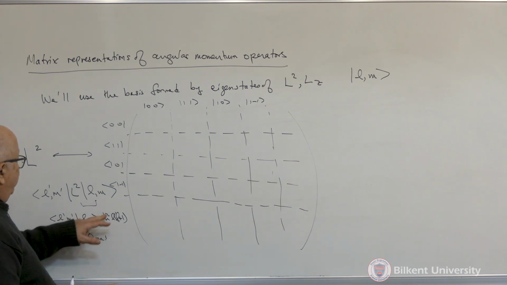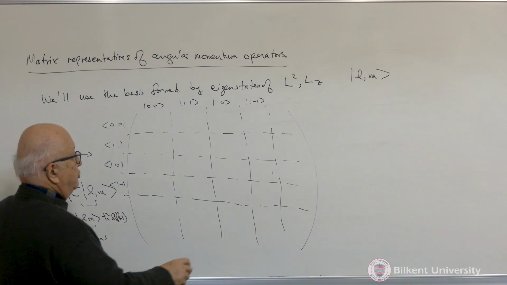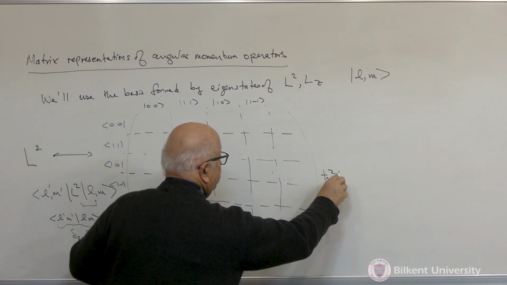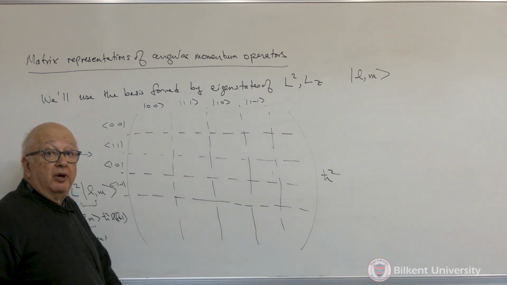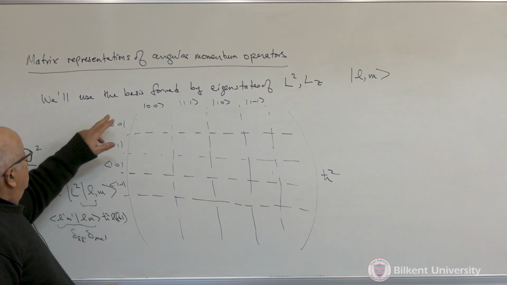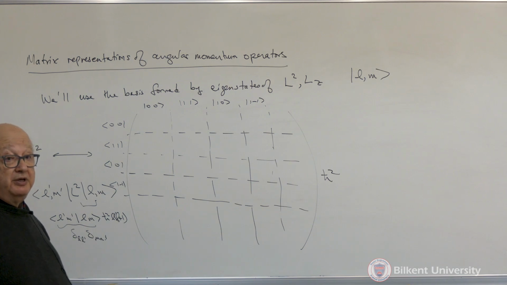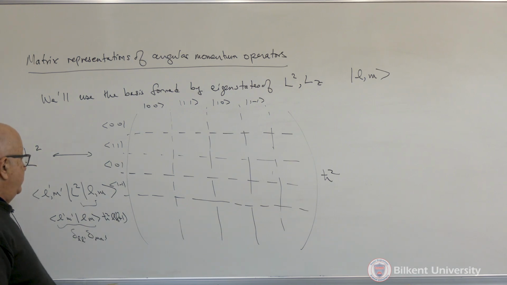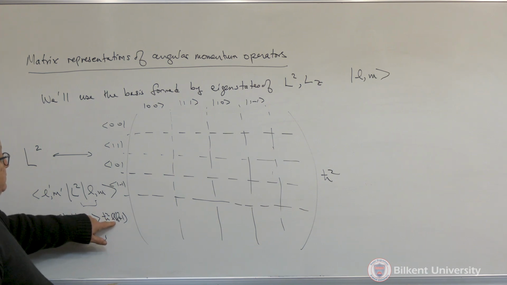Everything is going to be proportional to h bar squared, so let me put that h bar squared out of the matrix. Now, what is this element 0, 0? It's 0, because it's the L equal to 0 state.